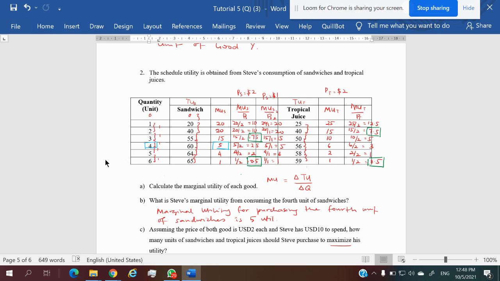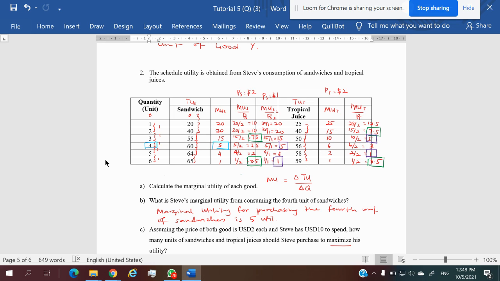We have 15, not here. 5, we have 5 over here and also 5 over here. We also have 1 over here and 1 over here.